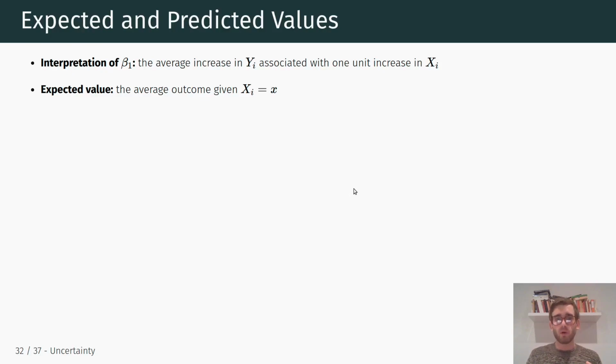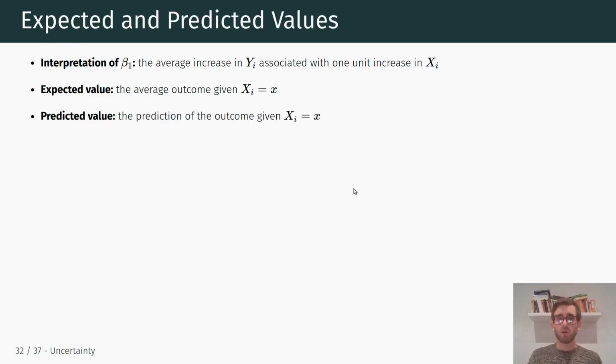But now what we want to keep in mind is that when we compute these predicted values or expected values, we have to also incorporate the estimation uncertainty around our estimates and be sure to communicate our uncertainty around our predictions as well.